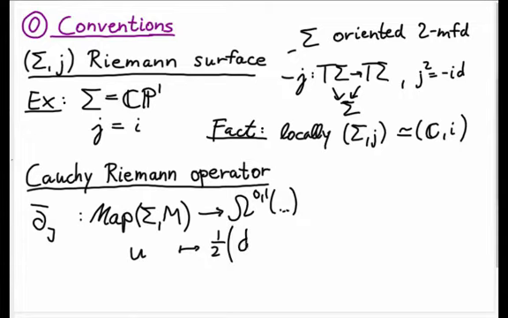So du maps the tangent space to Sigma to the tangent space to M. On both of them, I have an almost complex structure. And so I can look at the part of the differential that is antilinear. And that is the one I get by a minus sign here, I believe.